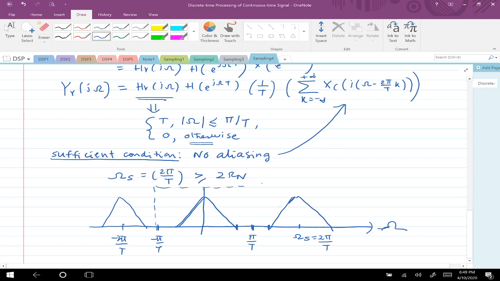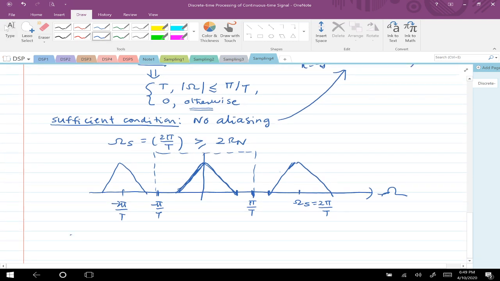So as long as there is no aliasing, this picks only one copy, and that copy is nothing but Xc of j omega. The other copies will not be picked because of Hr of j omega.